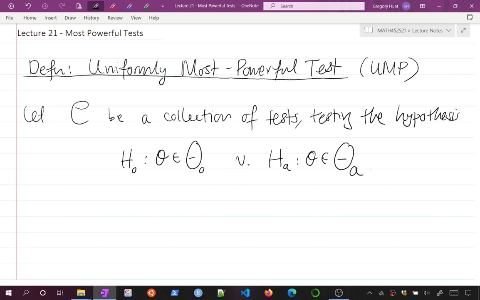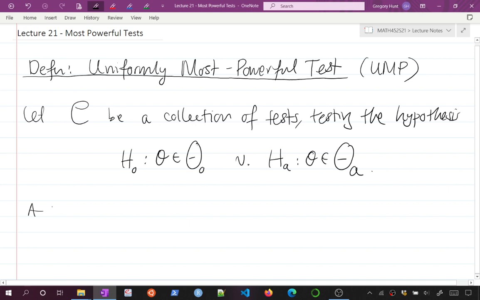So we're going to let script C be just a collection of these tests. But they're all testing the same hypothesis. So maybe I construct it one way, and that's in my collection, another way, and that's in my collection, and another way, and that's my collection. And so I have this whole collection of tests, and I want to define what I mean by the uniformly most powerful test of this collection.